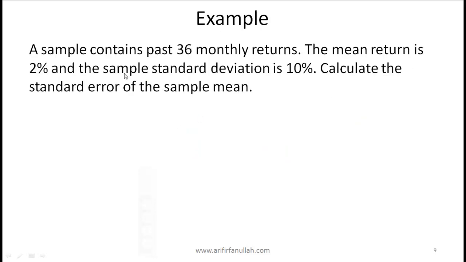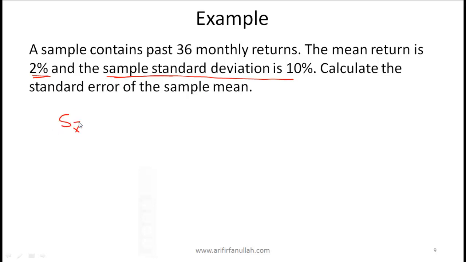A similar example: a sample contains the past 36 monthly returns. The mean return is 2% and the sample standard deviation is 10%. So notice here that the data we have now is a sample standard deviation. We don't have the standard deviation of the population. Calculate the standard error of the sample mean. Now if we don't have the population standard deviation, we simply use the sample standard deviation.